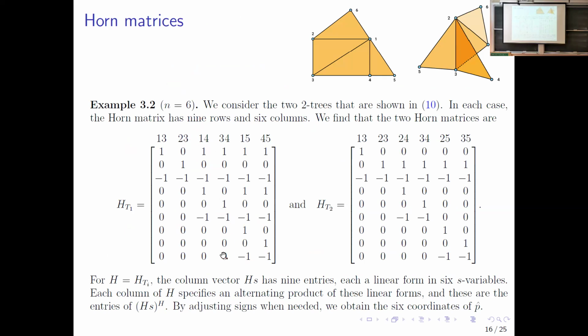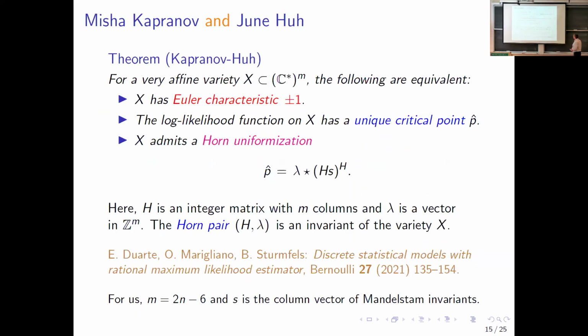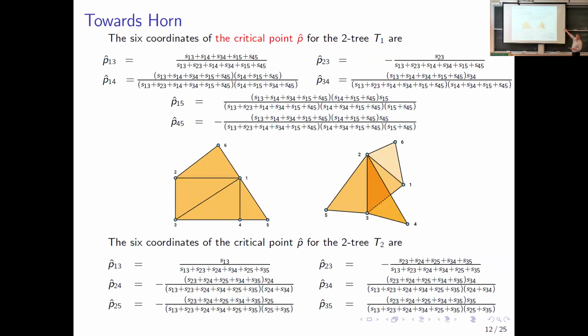These are highly structured 0-1 matrices where the columns sum to 0. The columns have to sum to 0 because we're getting, in the end, rational functions homogeneous of degree 0. And then here's the other one. So if you take these expressions and plug them in here, then you get these formulas.